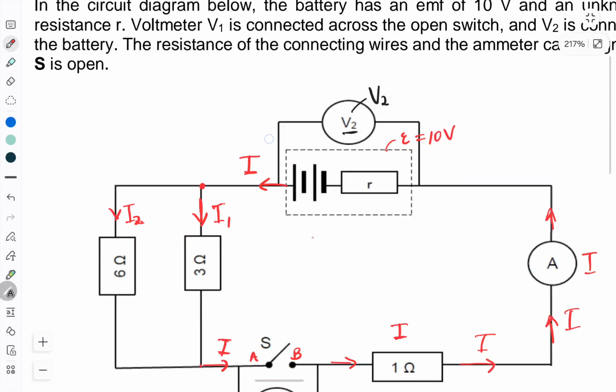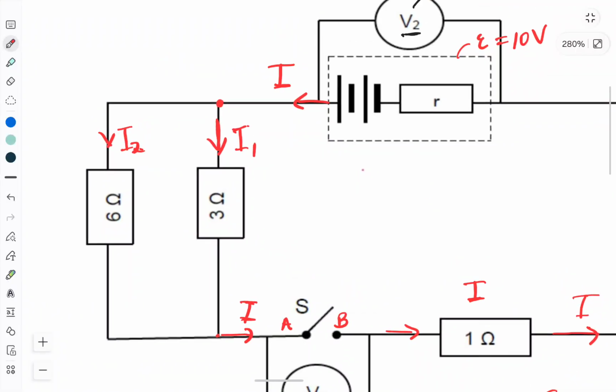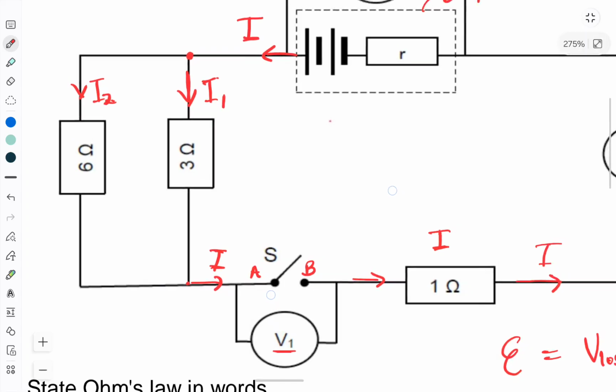Now the philosophy is, if current is not passing through the circuit due to the open switch, what ends up happening is the voltage across every resistor will be zero. Why? Because remember, V is I times R. If there's no current, you get 0 times the resistance, which is 3 or 6 or 1 ohm, you still get 0 volts.